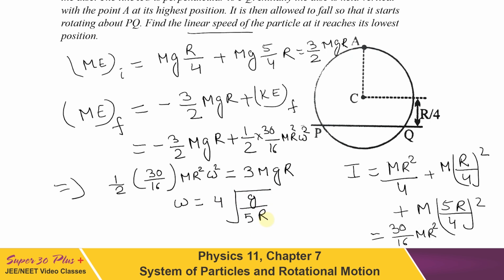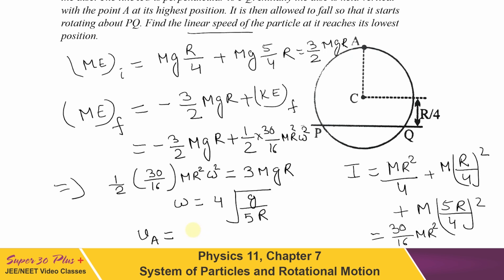This is the angular velocity of the whole system. Now what about the linear velocity of the particle? For the linear velocity of particle A when it has reached the lowermost point, V A can be written as omega r for pure rotation, where r is the distance of the particle from the rotation axis.